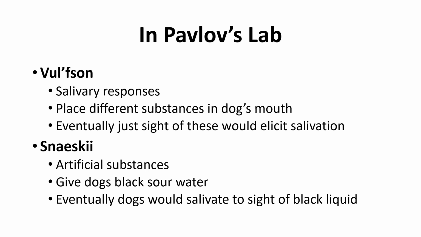And to do this, they would place different substances in the dog's mouth to see if they could elicit some kind of salivatory response. So they used things like dry food, wet food, sour water, or even sand to see how much the dog would salivate in response to those substances.